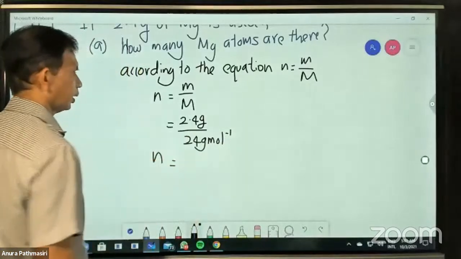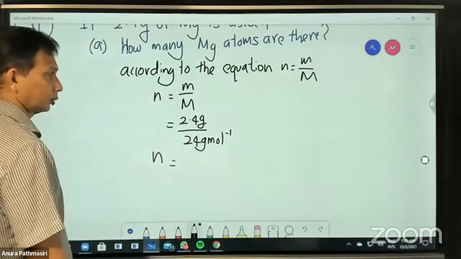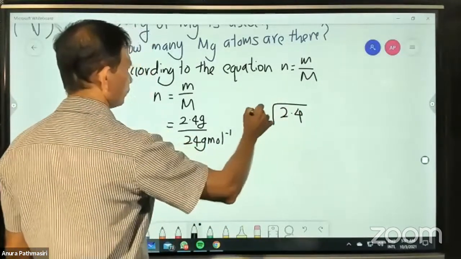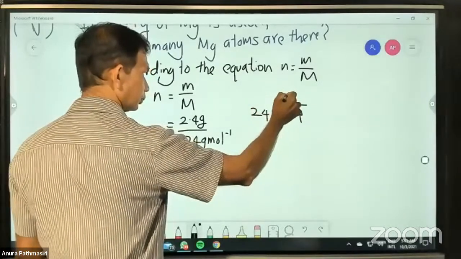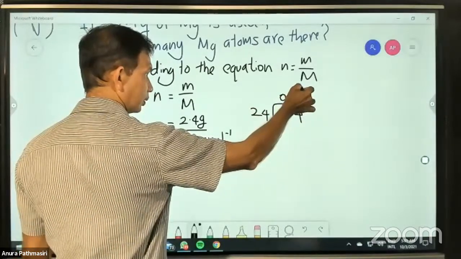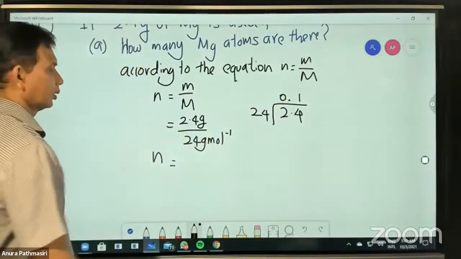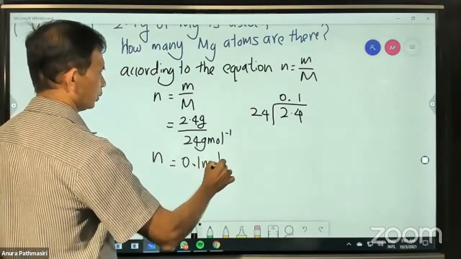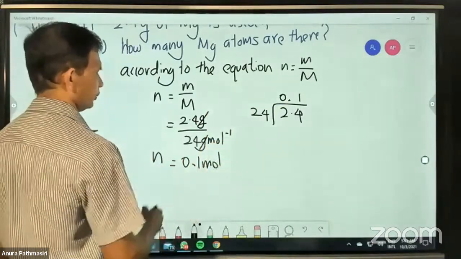So then n equals, what is it? 2.4 divided by 24, 0.1. So 0.1 mole.